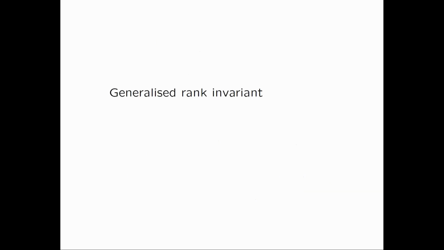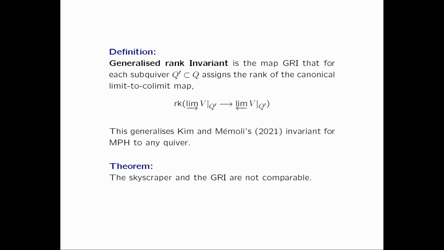Now, since 2007, there have been other attempts, and possibly one of the more successful ones is the generalized rank invariant by Kim and Mémoli in 2021. They have a paper. So let's say, rather than just looking at fixed points, I'm going to look at any subquiver and take the rank of the canonical map from the limit to the colimit.